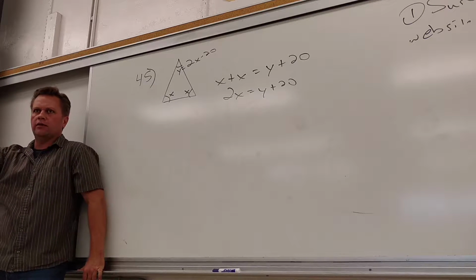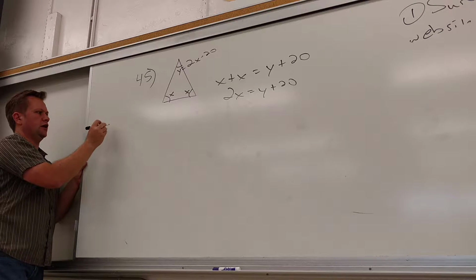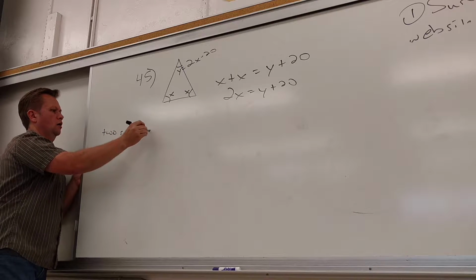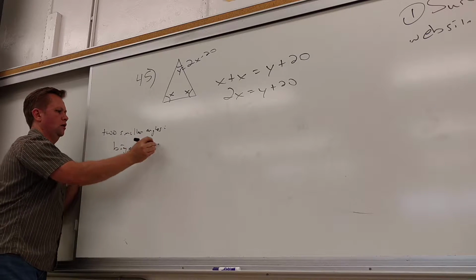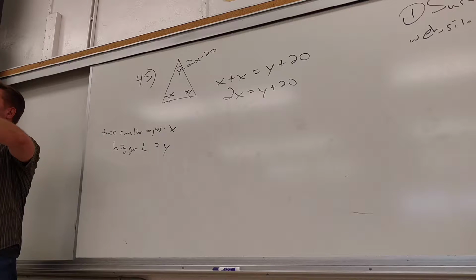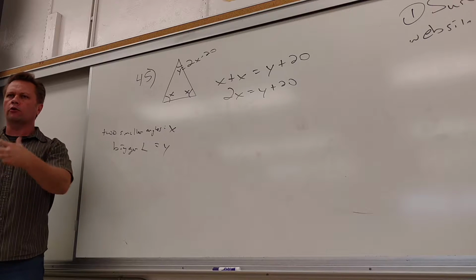Now, if you're a student from Math 90, if it's not so visual, you could say, I got two smaller angles, and they're X, and I got a bigger angle, and that's Y, and then you can do stuff, right? You got to tell me what the players are in the problem and give them math names so they can work with them. That's how you work with a word problem.